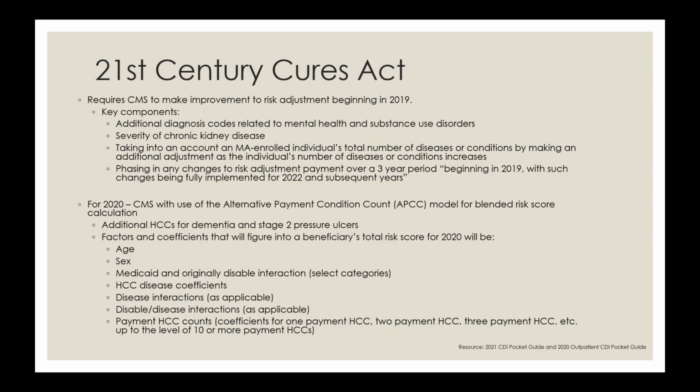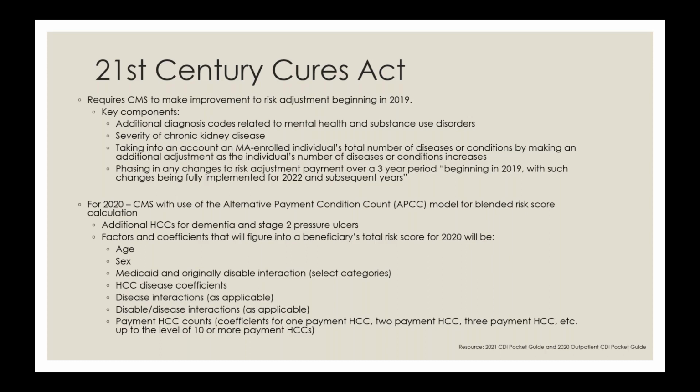And you'll see here some of those key components: additional diagnosis codes related to mental health and substance use disorders are some of the things that CMS is looking to make improvements with. The severity of chronic kidney disease, taking into account the Medicare Advantage enrolled individuals' total number of diseases and conditions by making additional adjustments as the individual's number of diseases or conditions increase.